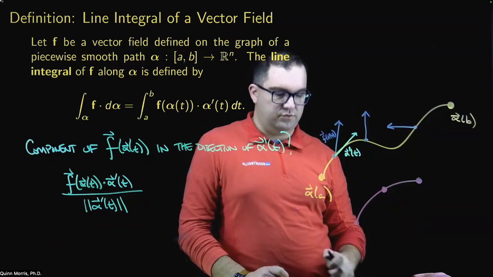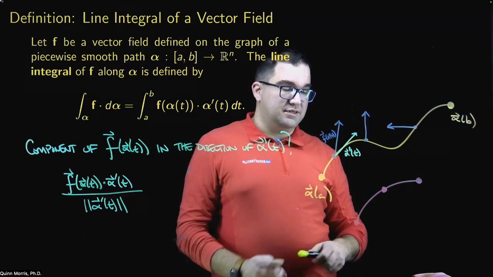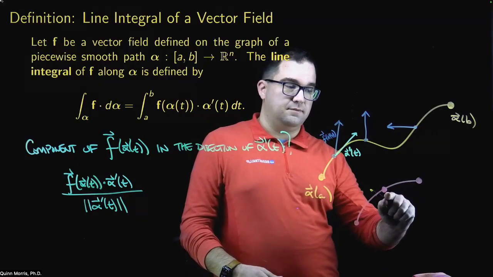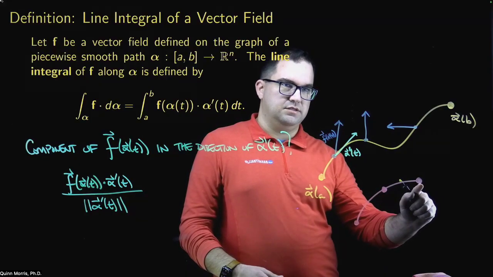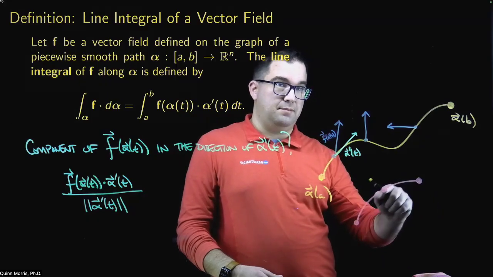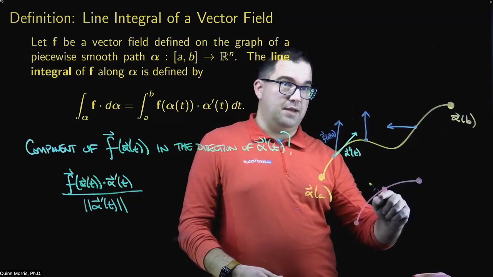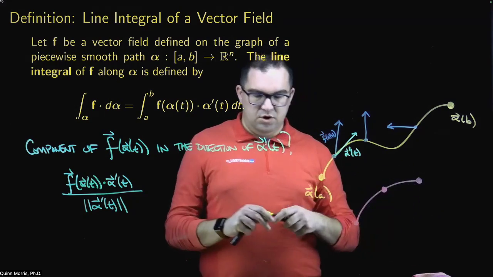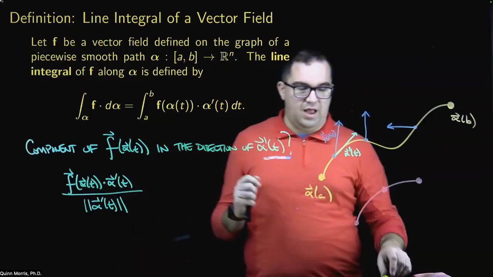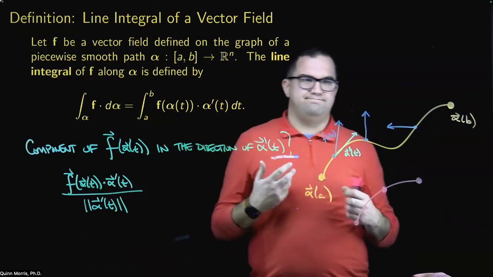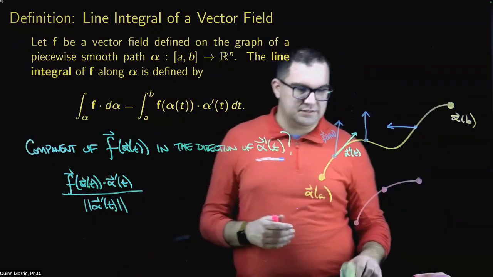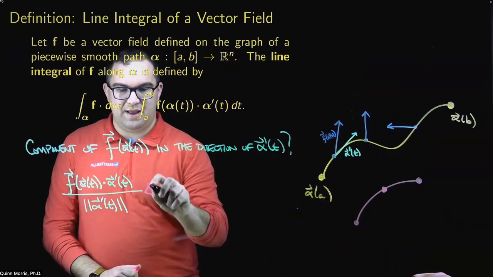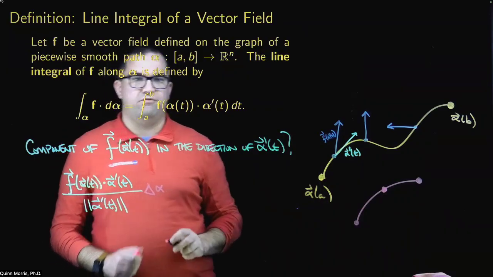If I weight it with respect to time, though, and let's say I move really fast along this and not very fast along this, so I spend very little time here and a lot of time here, then these aren't going to be weighted equally anymore. Okay. So the choice we make for line integrals, and this really comes from wanting to understand things about physics, is I'm going to choose to weight this with respect to the change in alpha.